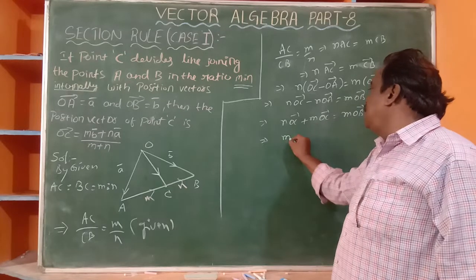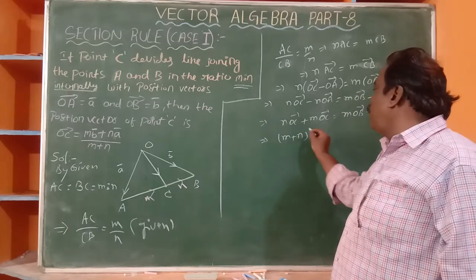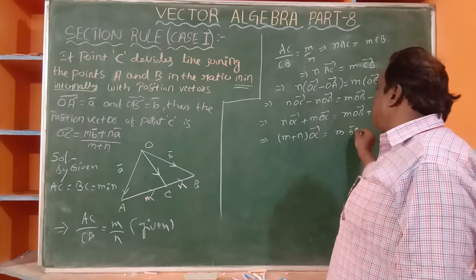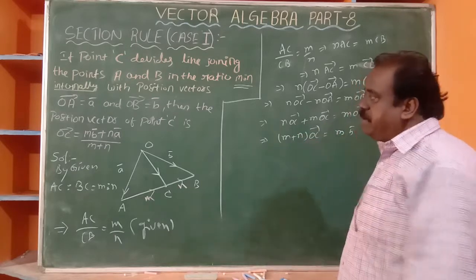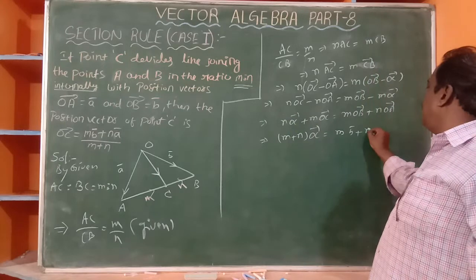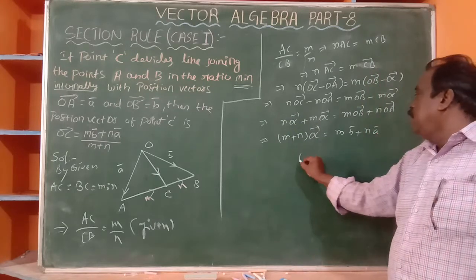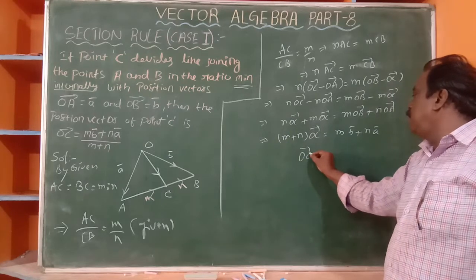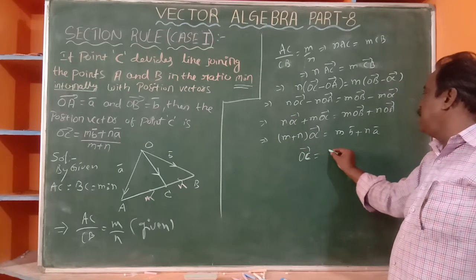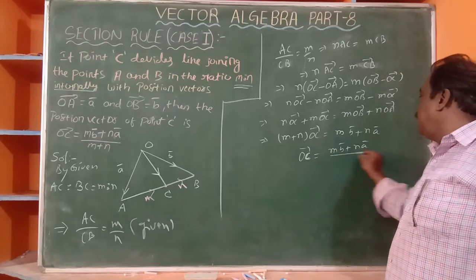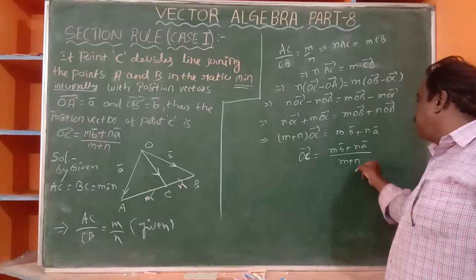Here it is M plus N in one bracket, OC bar is common. Here it is M B bar because OB bar is B bar, and N A bar, OA bar is A bar. Now what is OC bar? OC bar is M B bar plus N A bar by M plus N.